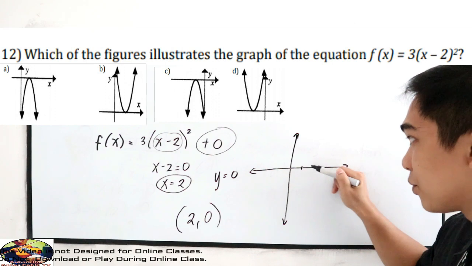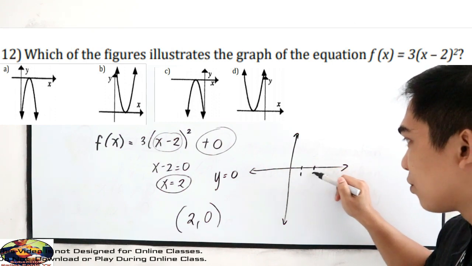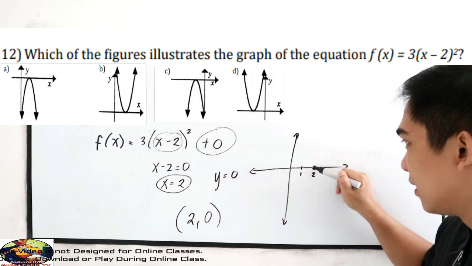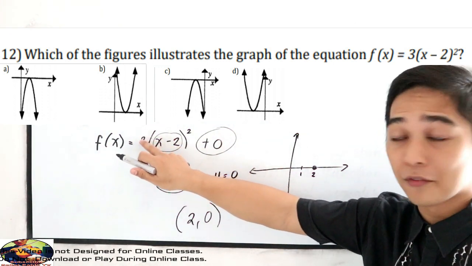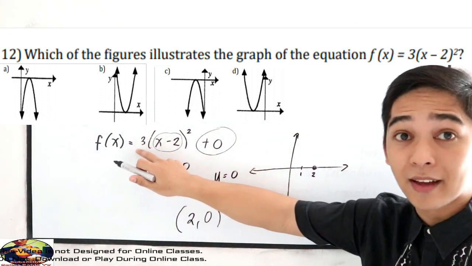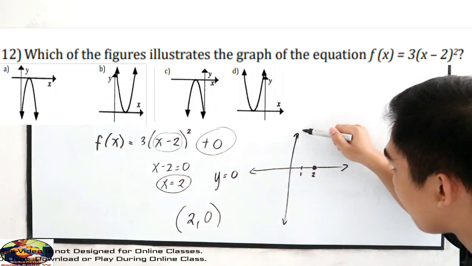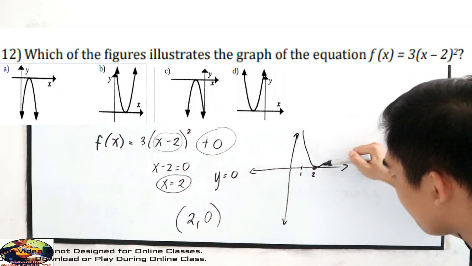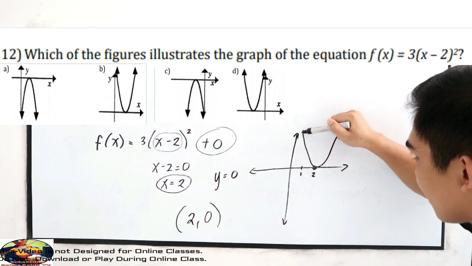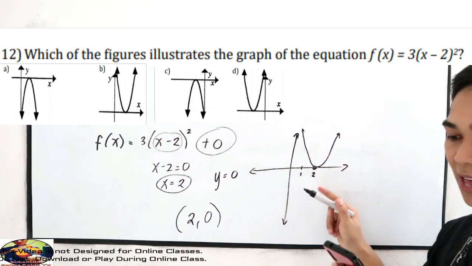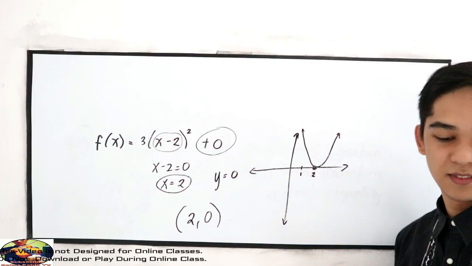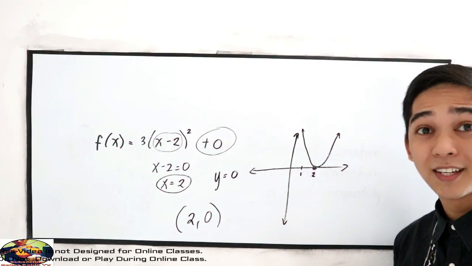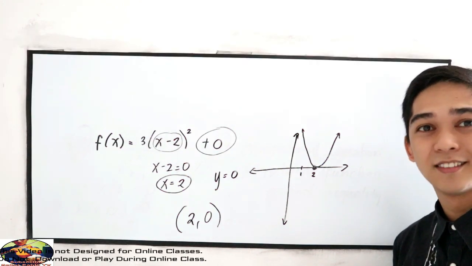So positive 2, 1, 2, then 0. And since the coefficient, the value of a, is positive, our graph must be like this one. Okay, so that is letter B. Again, number 12 is letter B.